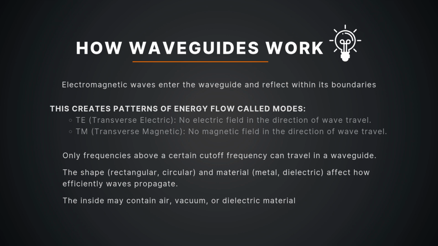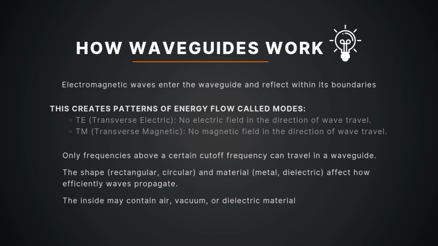In this mode, the electric field has no component in the direction of propagation. The second is the transverse magnetic mode, or TM mode. The magnetic field has no component in the direction of propagation for the TM mode. These modes help determine how the wave behaves inside the waveguide.